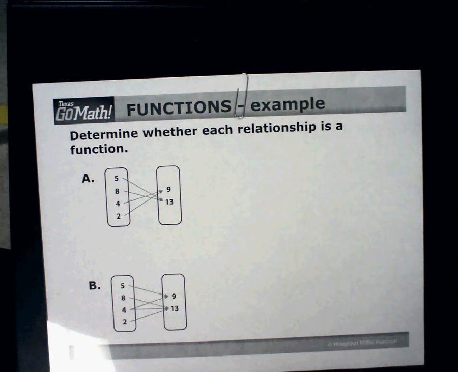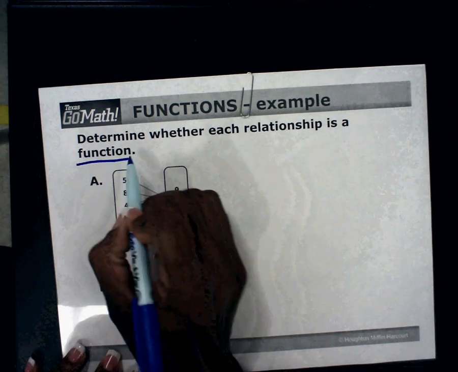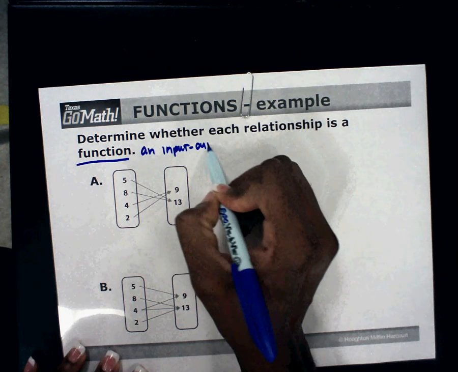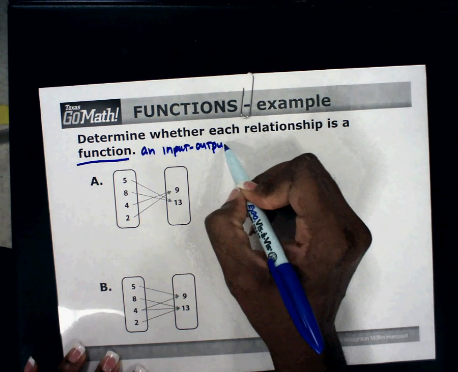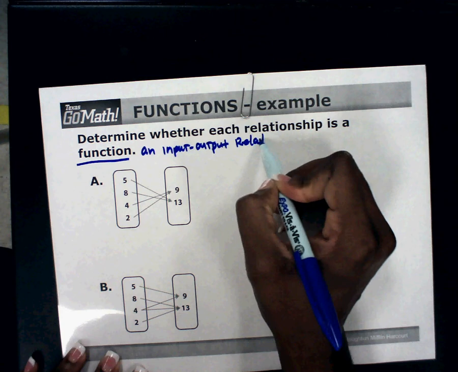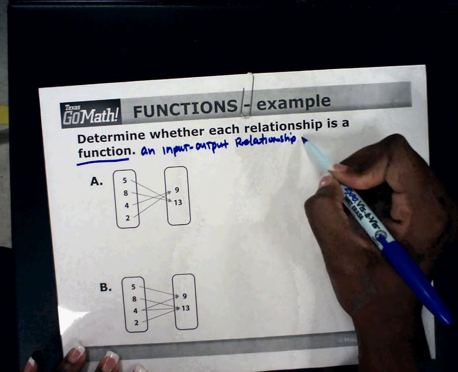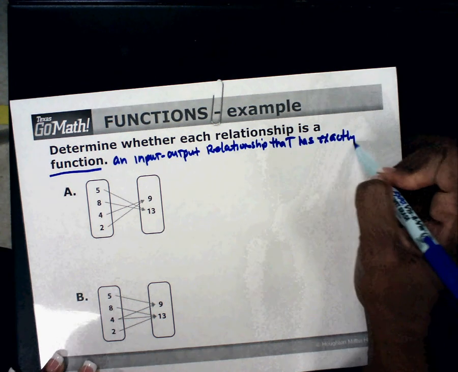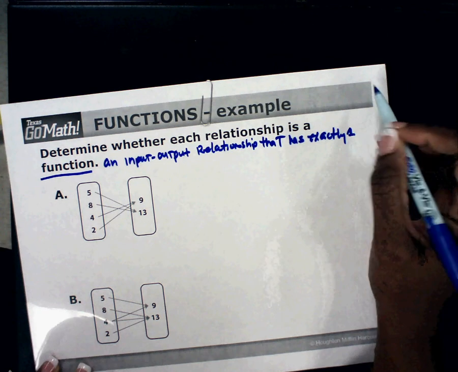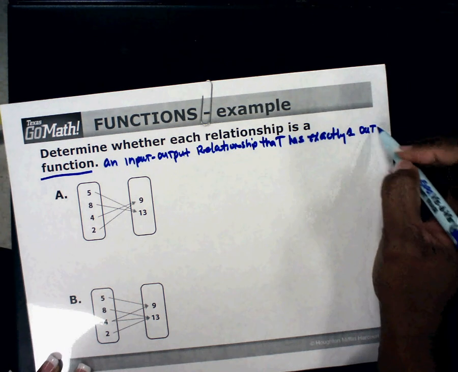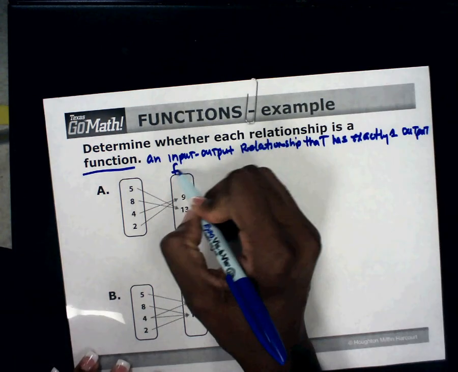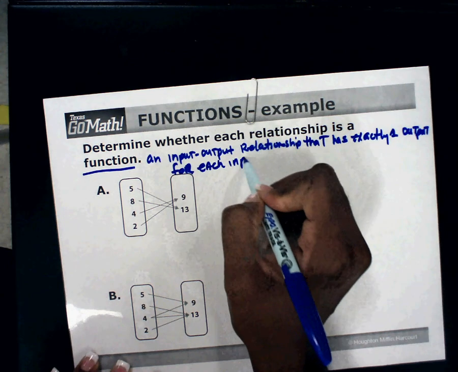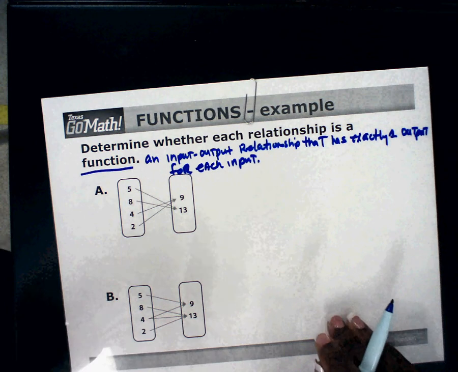And by definition, before we get started, a function is an input-output relationship that has exactly one, I'm going to use the number one for space, one output for each input. So that's the actual definition of a function.